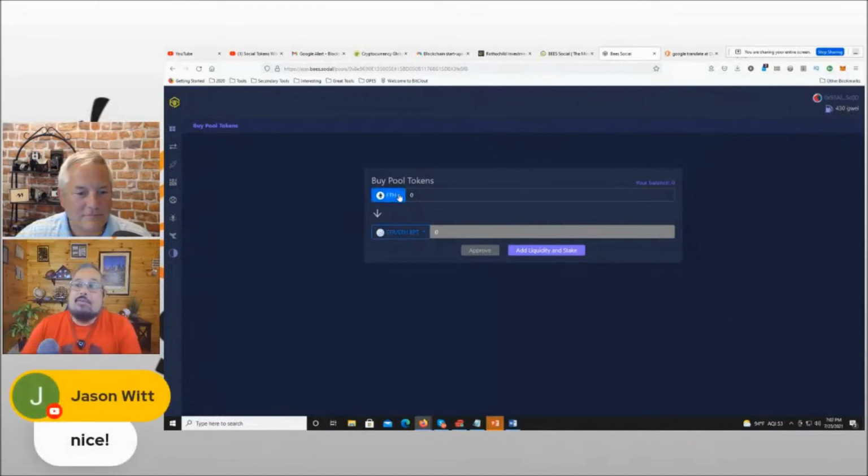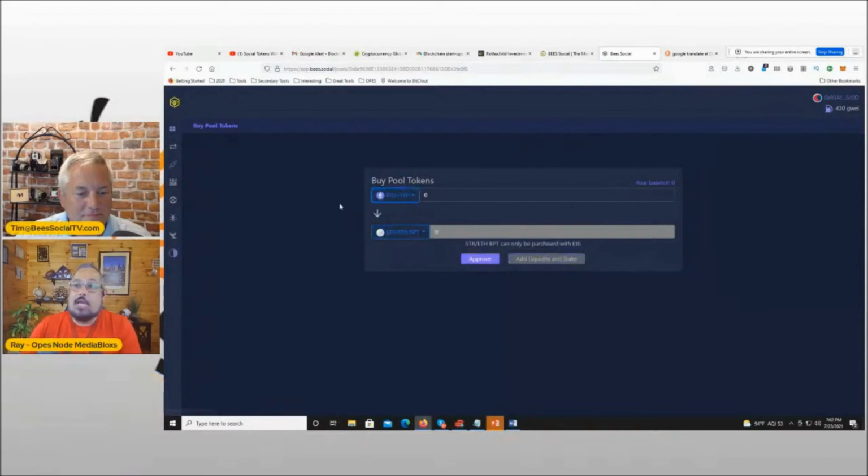If you have the asset like Wafu, you could just put in however many Wafu you have, say 20 or 200. You would put in how many Wafu and approve, and then approve it going and getting Ethereum and putting it together. Again, that's just me being used to that, but you can do that. We'll probably have to get together, Maria, and do some of this together so we can really get you a full understanding of what's going on here.